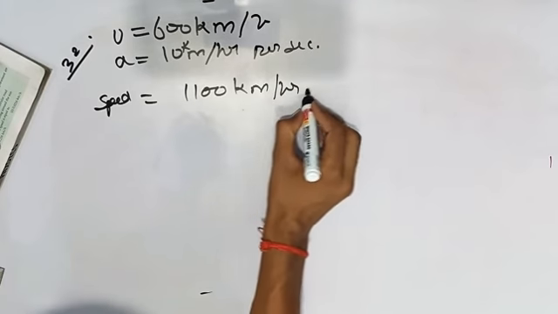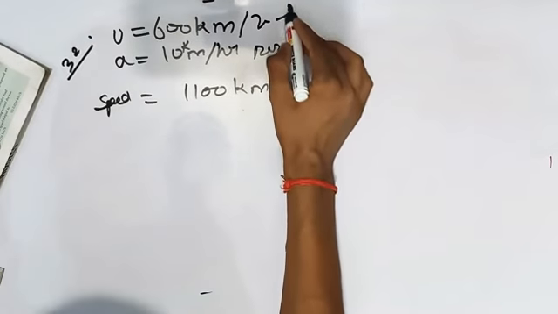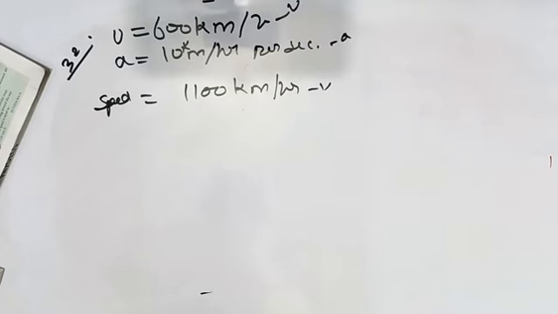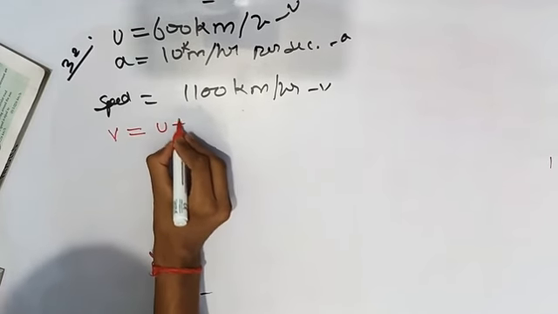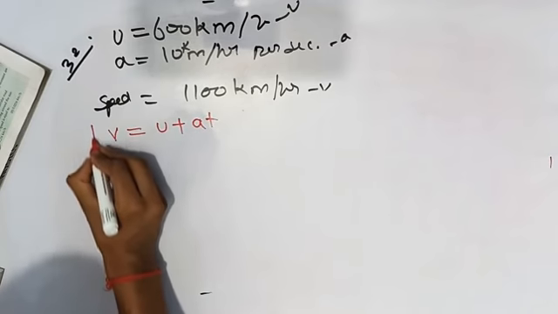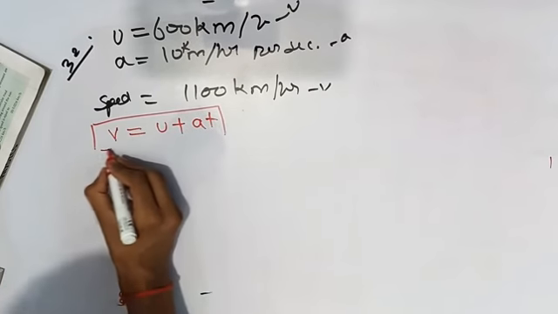We can say it is also final velocity, and this is u and this is a. So we have to solve this from the first equation of motion. So the first equation of motion is v is equal to u plus at.